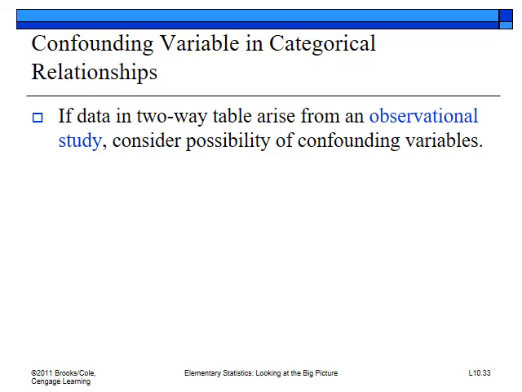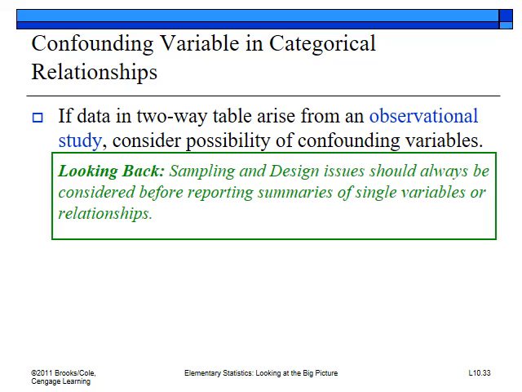If we're looking at an observational study and we're trying to look for a relationship between two variables using a two-way table, don't forget that we could be dealing with confounding variables. Before you report a relationship between the two variables, consider the sampling and design issues that we've talked about to see if we have accounted for any possible confounding.